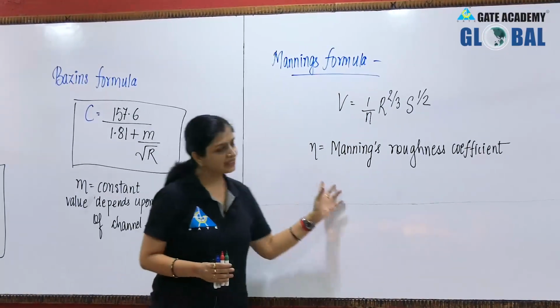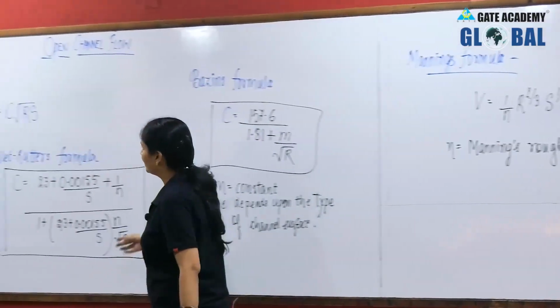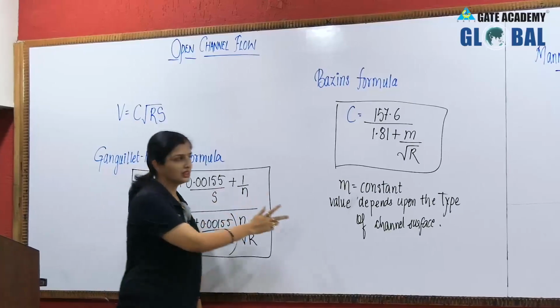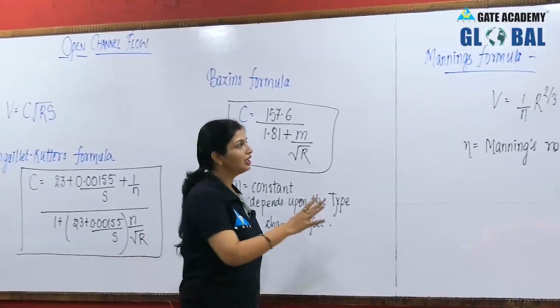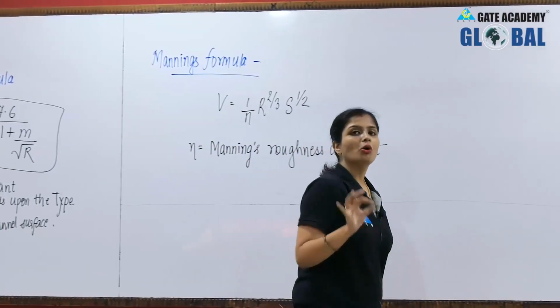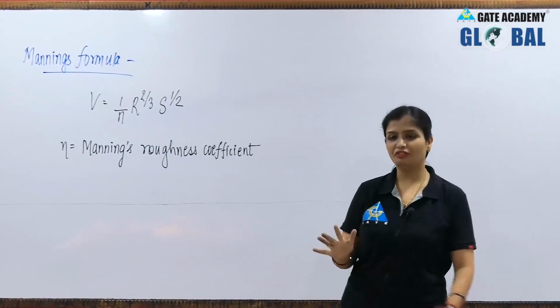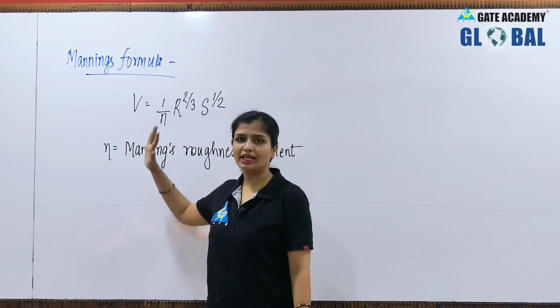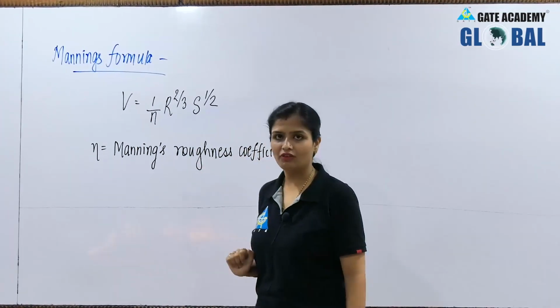Just as here you calculated the value of C, if it is not given, you use these two equations. Similarly, if you haven't been given the value of Manning's roughness coefficient, there are ways with the help of which you can compute it.